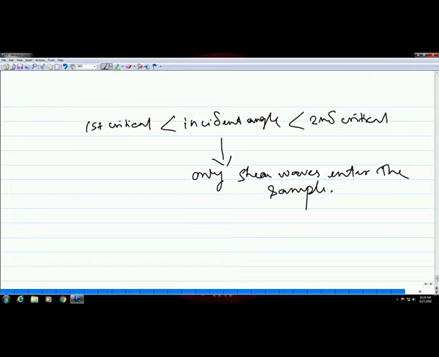Let us say we have a steel sample, and we are using a probe which has this plexiglass face.